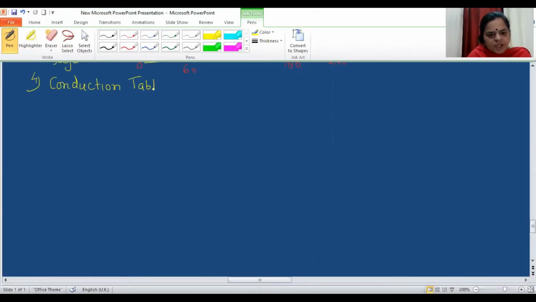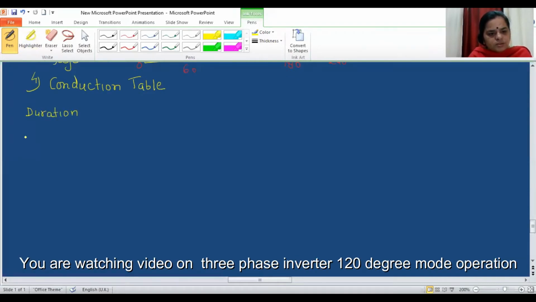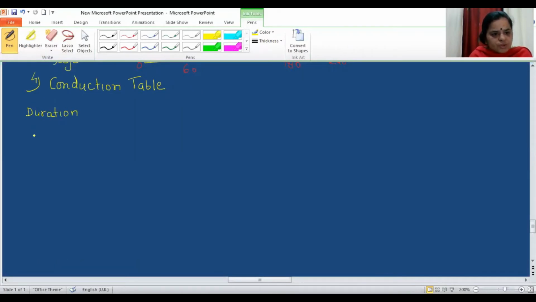Based on the conduction diagram, now we will make the conduction table. So what we are supposed to do, we will write the duration. Here in the duration, we will write the duration between 0 to 360 at an interval of 30. Then the next thing is conducting SCR. Then we are going to write VAN, VBN and VCN. They are nothing but the phase voltages.